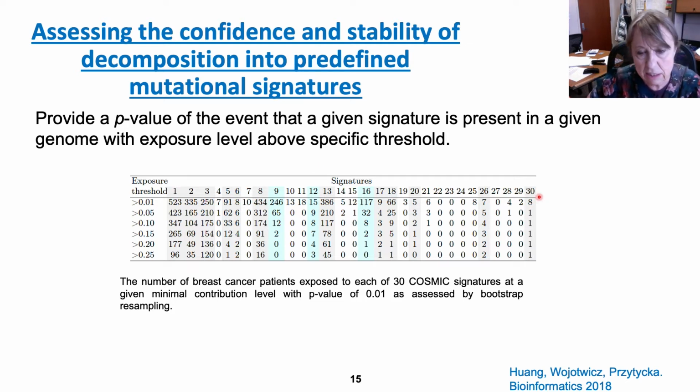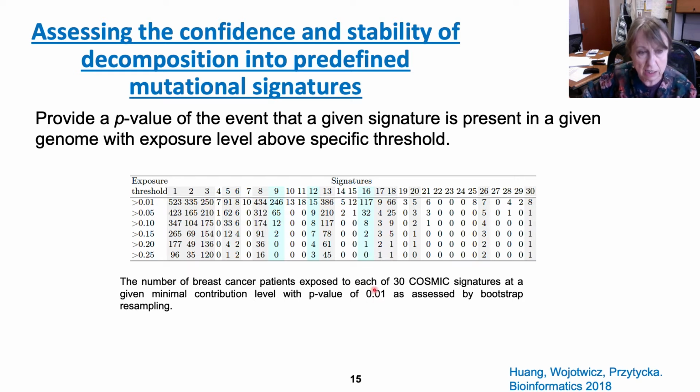On the x-axis, you have the signatures that have been considered. In gray are the signatures that were shown by a previous study to be contained in the genome of breast cancer patients, and each row here shows how many patients contained a given signature with the exposure above this threshold and p-value of 0.001.